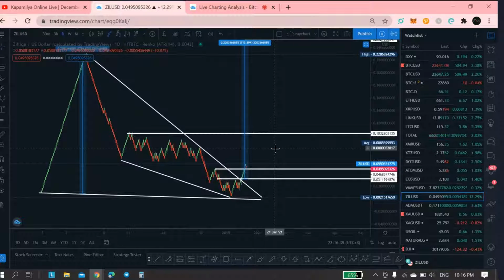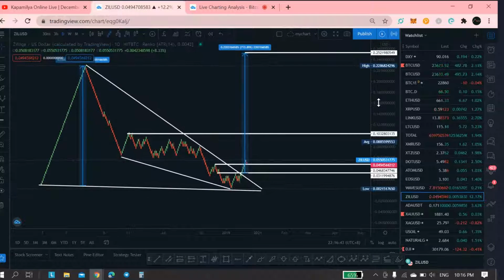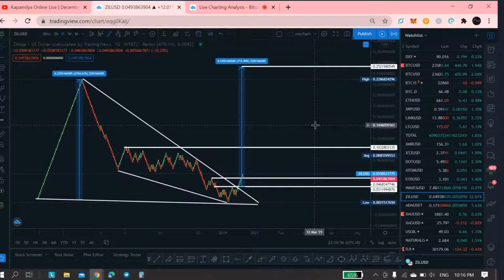It reached the 50 cents and is currently forming a possible bearish Renko bar that could possibly retest the 46 area. But for here, I'm actually more long-term bullish. So that's my personal bias.